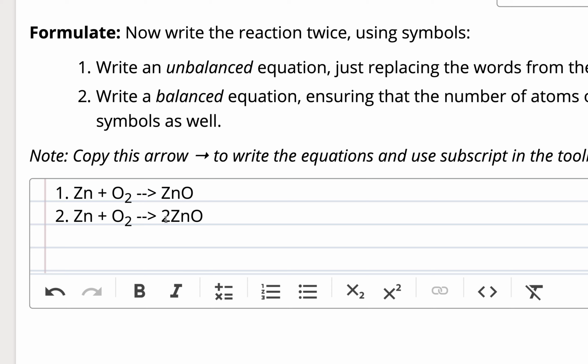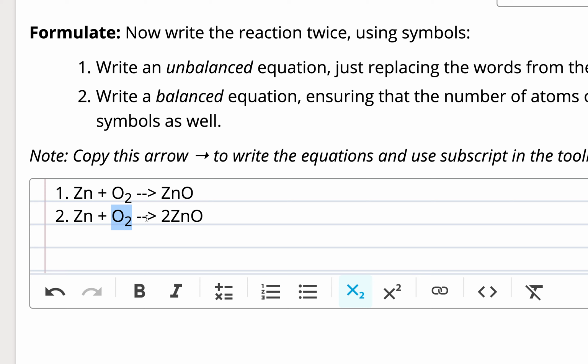Now what this does, it tells us there are 2 lots of oxygen, because everything that is connected right after the coefficient, so the number up the front, is multiplied. So we now have 2 lots of oxygen on the right, and we have 2 lots of oxygen on the left of the arrow. So you could say that the oxygen is now balanced.